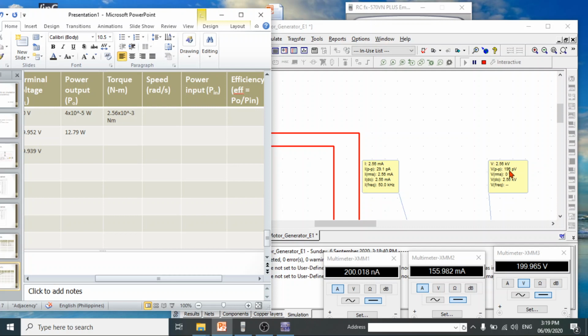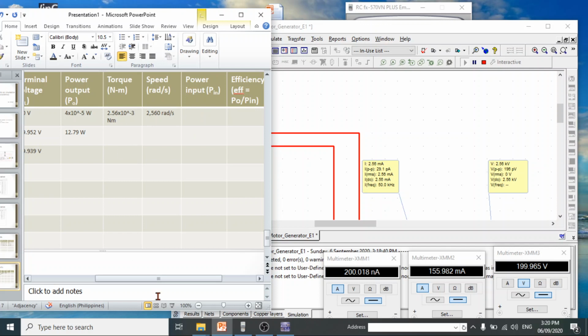And the speed is 2.56 kilovolts. You replace volts with radian per second. Kilo means times 1000, so this would be 2560 radian per second.